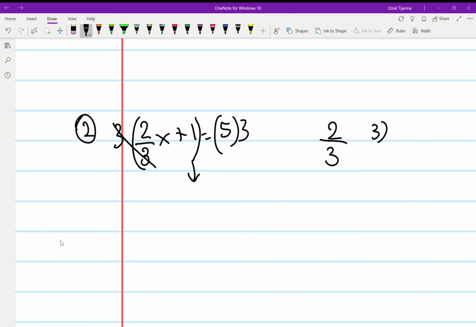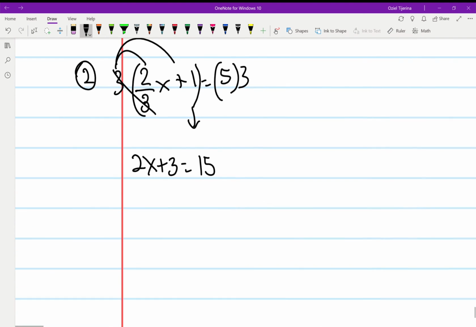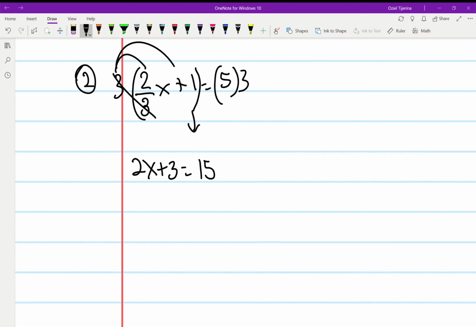Remember that rule. It's really important for algebra. However, don't forget that you're doing distributive property here. You have 2x plus 3 equals 15, so you do not have a fraction anymore.